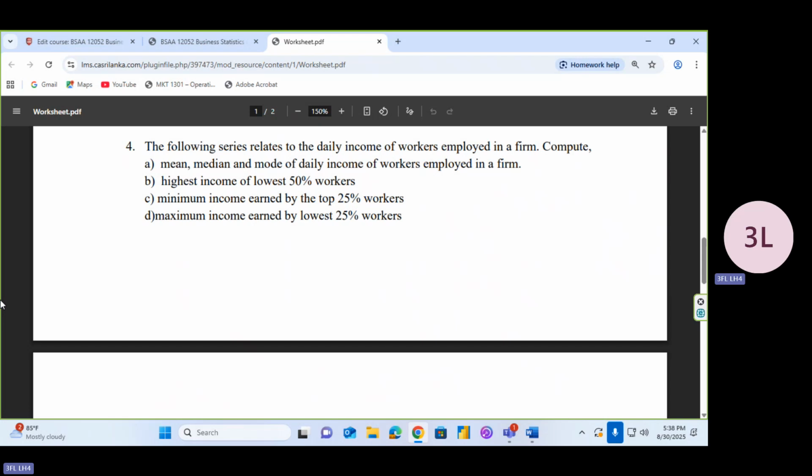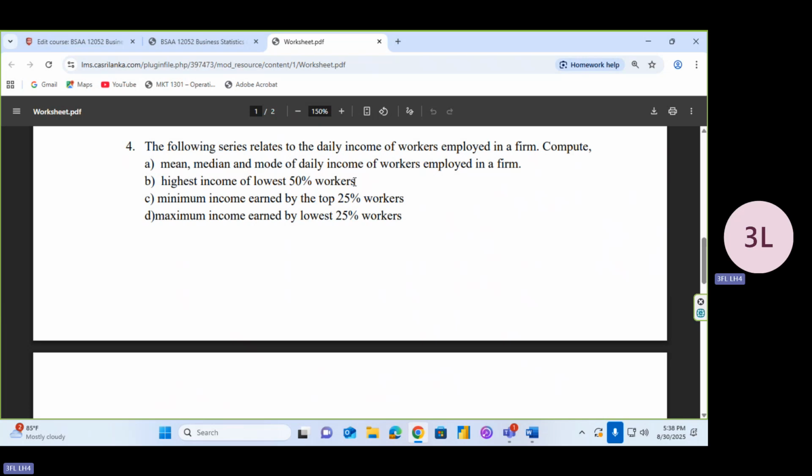Okay, then below it 50% of the items are there, and above it 50%. Then the question asks the highest income of the lowest 50% of workers. Okay, then we consider the lower income level employees. Take the 50% of the lower income level employees, then the median represents their highest income.